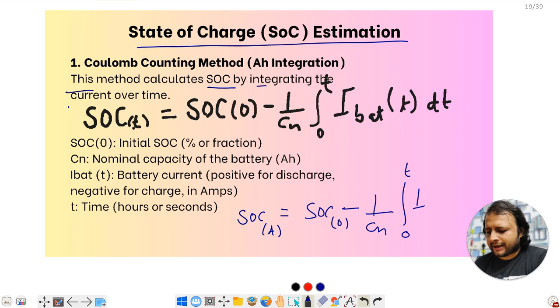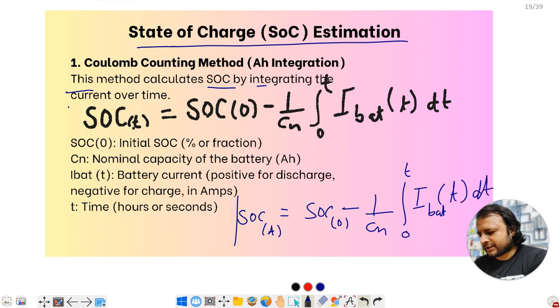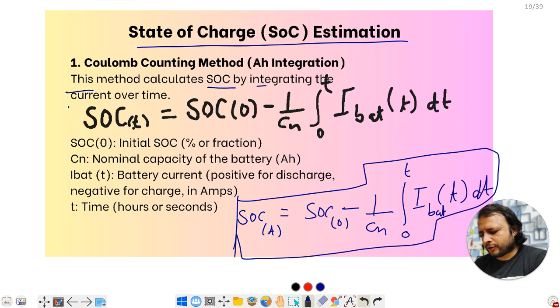And this is the battery current, I_bat, over time, and this is dt. So this is the formula, you should note it. This is very useful for finding the SOC. If you want, you can comment, and I will make a separate video taking an example of how this integration part works inside the estimation of SOC.